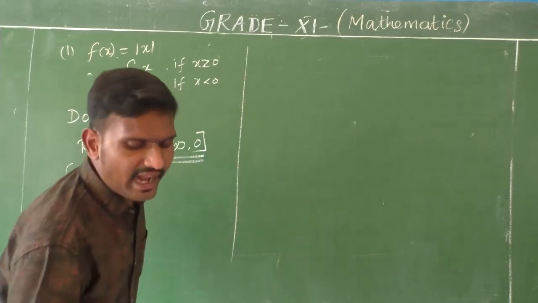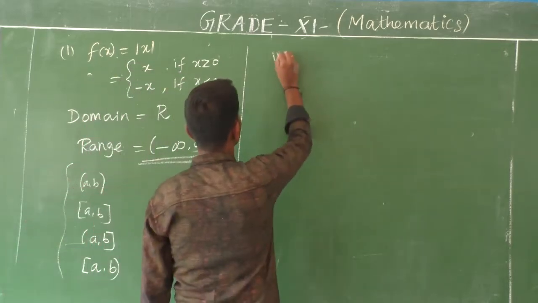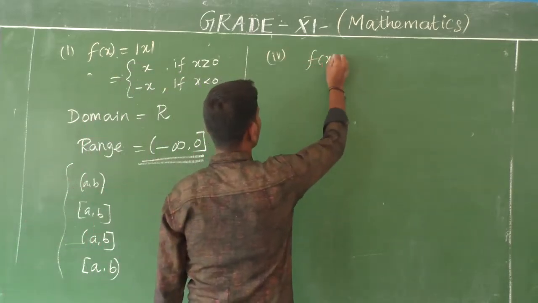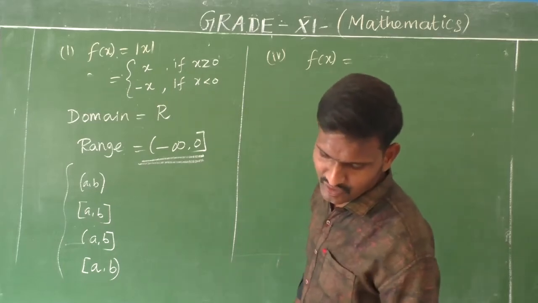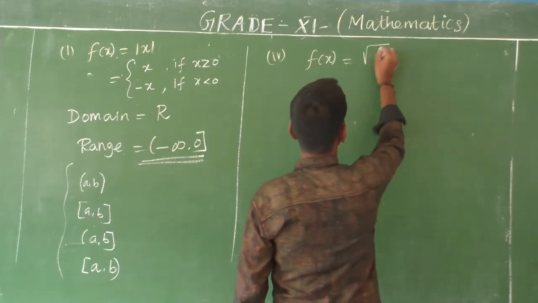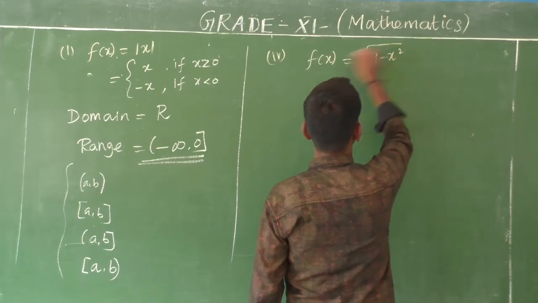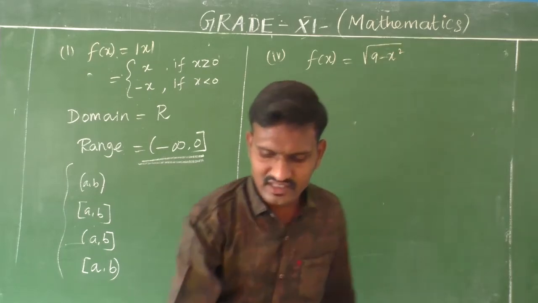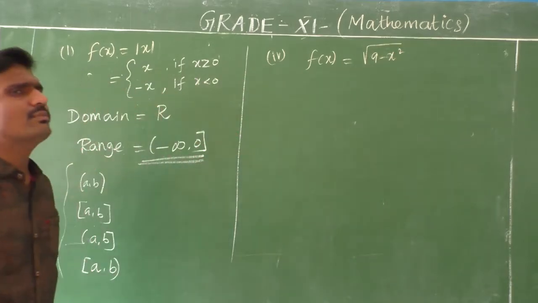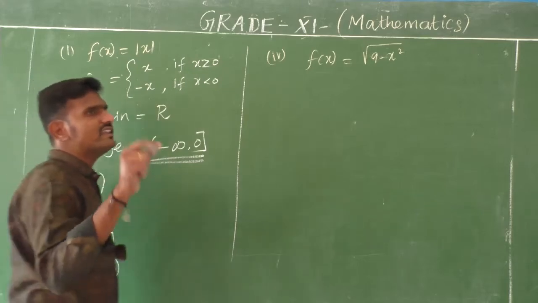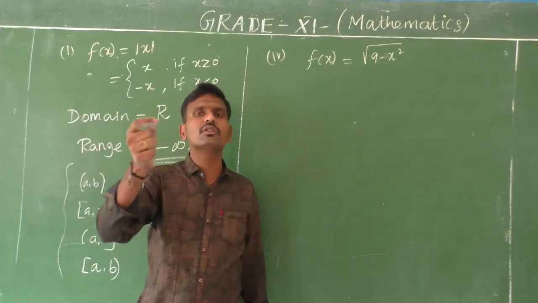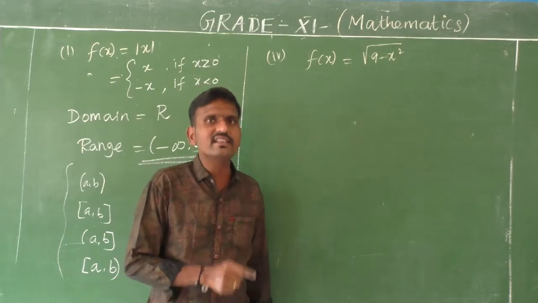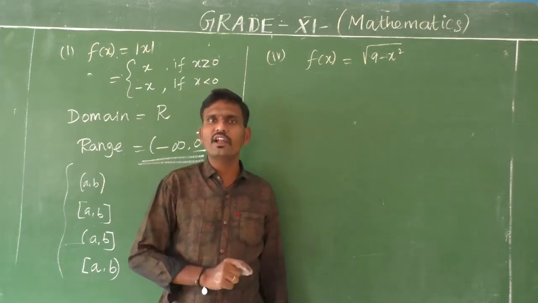Yes, fine. And the second one is a different question. That is f of x equal to, what is the given question? See, square root of 9 minus x square. Okay, so listen, it is very simple. From the polynomial function, we need to find the zeros. How to find the zeros? Take f of x equal to 0, then factorize that polynomial and find the values of x.